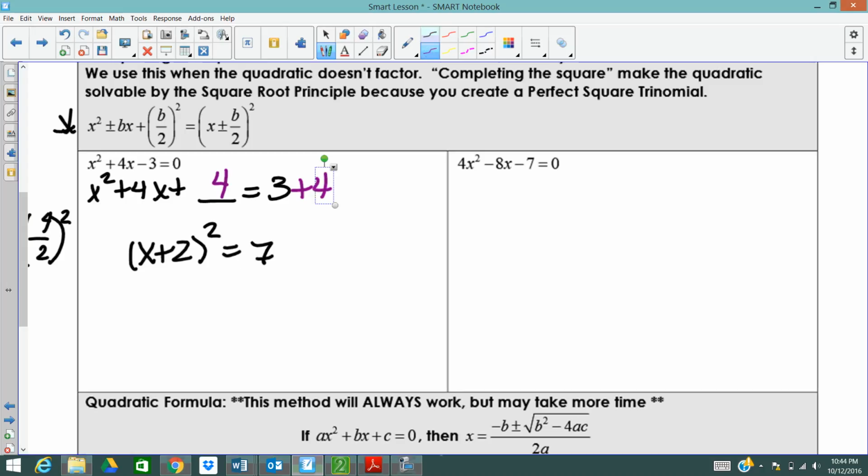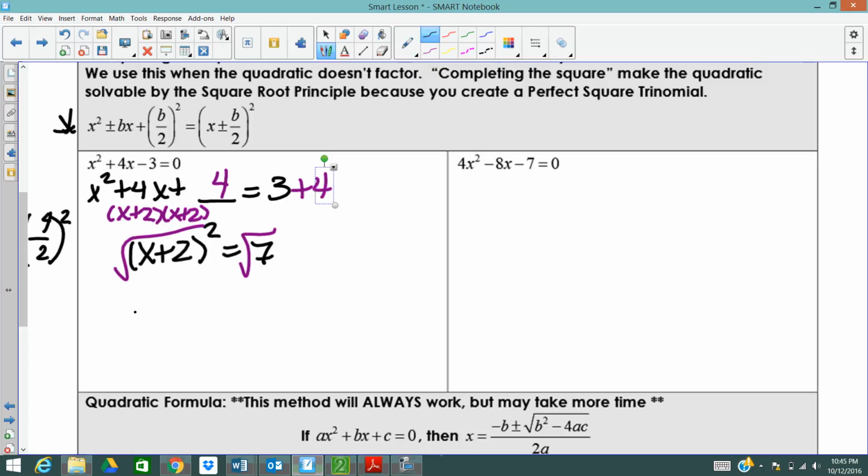And if you don't believe me, we can always double check. I want two numbers that multiply to be 4 but add to be 4, and those numbers would be 2 and 2, so that combines to give that quantity squared. So now we have a problem very similar to the one we just did, where we have a quantity squared equals 7, so now I can square root both sides.